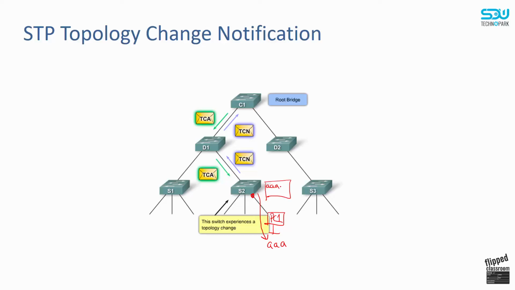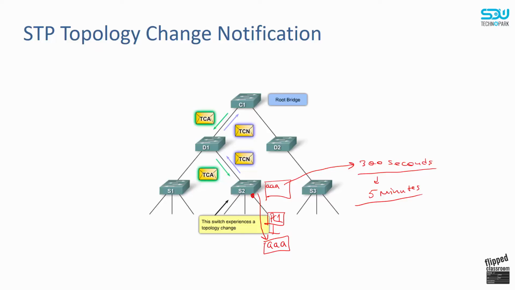By default, after your switch has learned the MAC address, the aging time for the MAC address in the table is 300 seconds, and 300 seconds is 5 minutes. So for 5 minutes, switch 2 will think that it has connectivity with computer A.